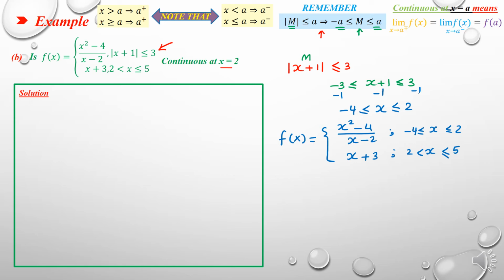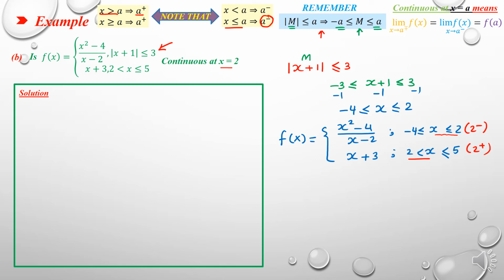Now here we have x less than or equals to 2, and this means a from left. So here we have 2 from left, and here we have x greater than 2, which means a from right. So here we have 2 from right.